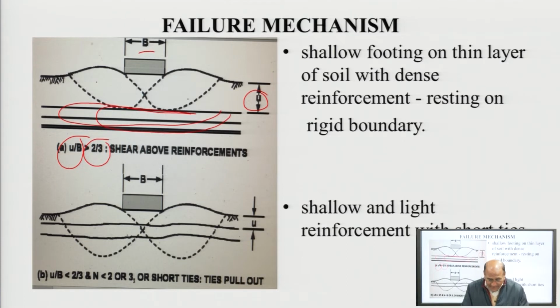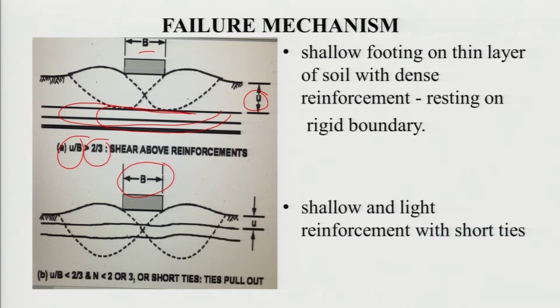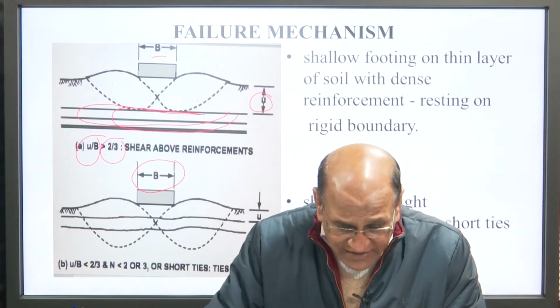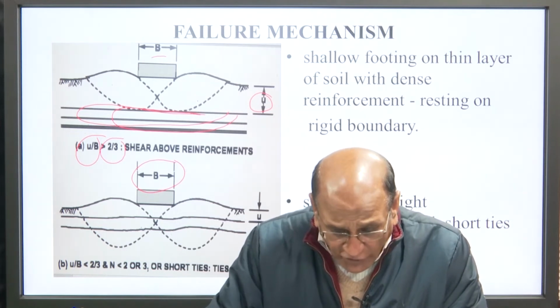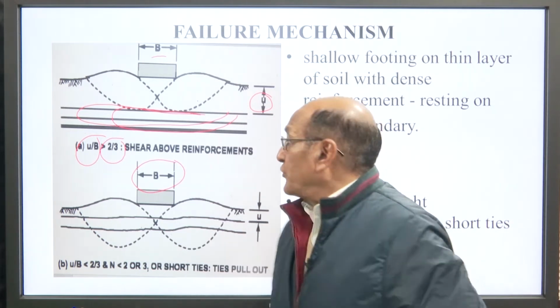So, the next case is when U by B is less than 2/3 and N is less than 2 or 3, with short tie or tie pull out.